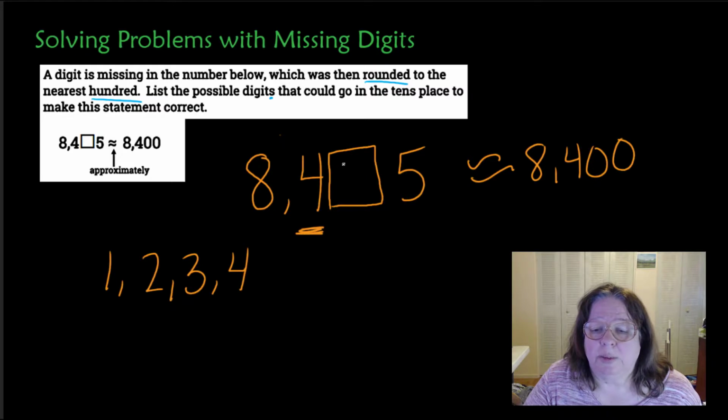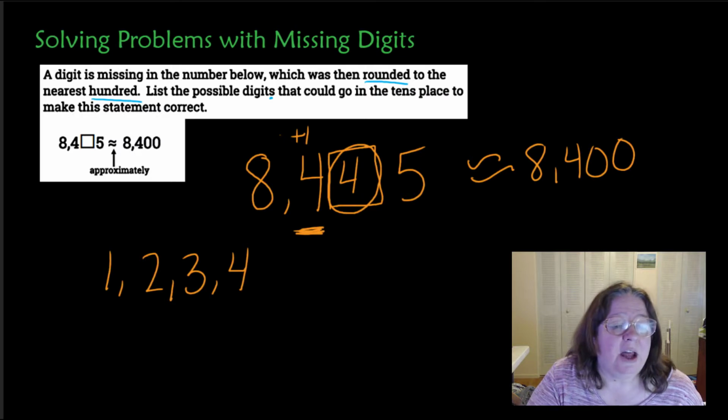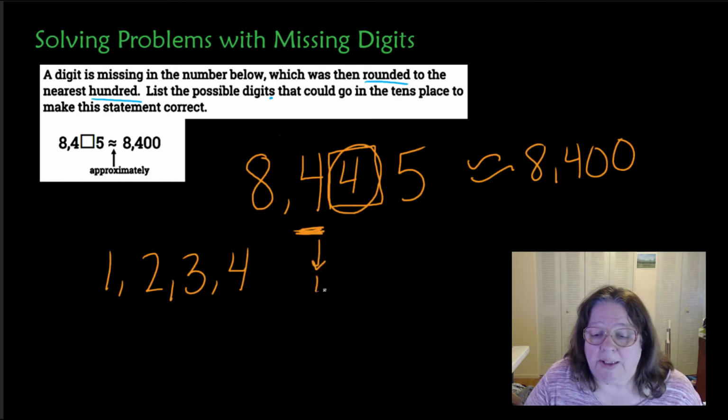Let's try it. Let's put a 4 in here and let's round it. Okay, our rounding rules: we circle this number. Well, it's already got a box around it. We underline the place value that we want to round to. We circle the number to the right of it. If it's 5 or more, we add 1. It's not 5 or more, so we drop it down.